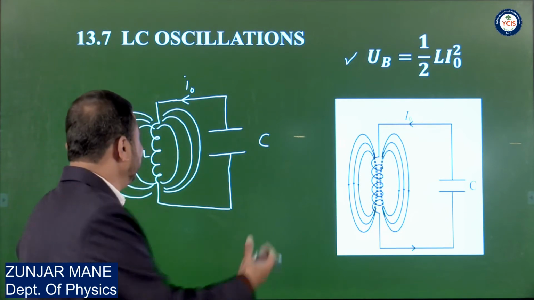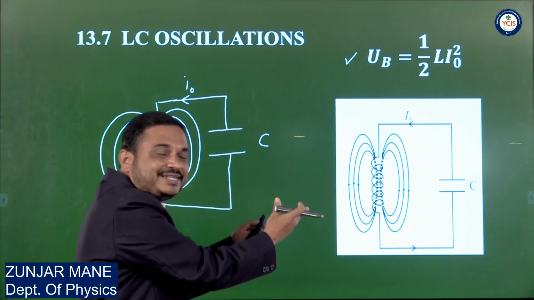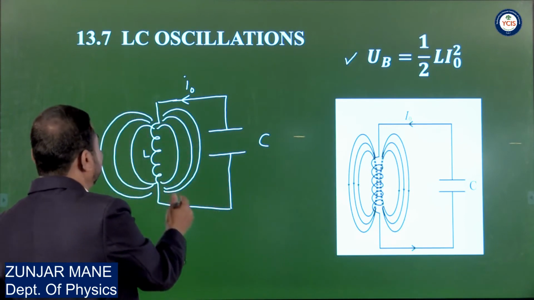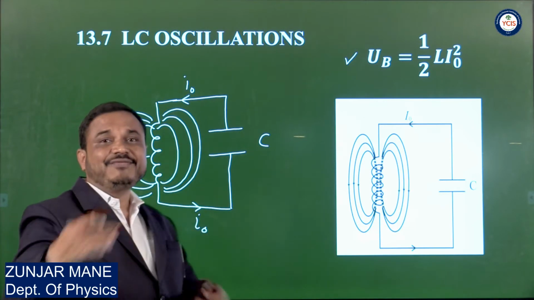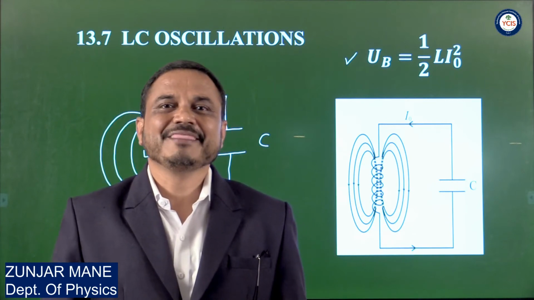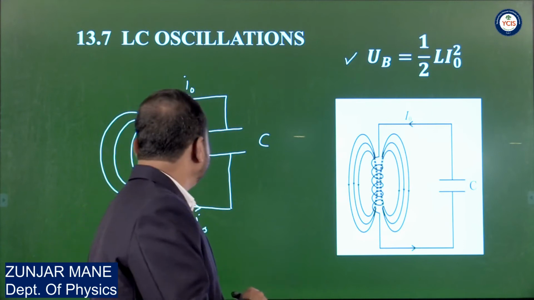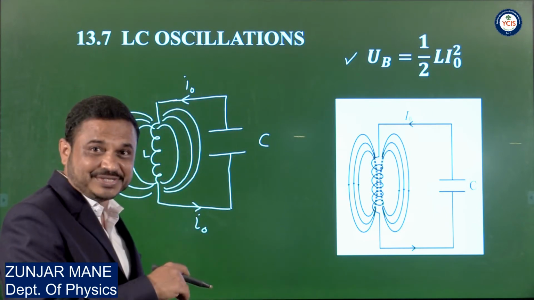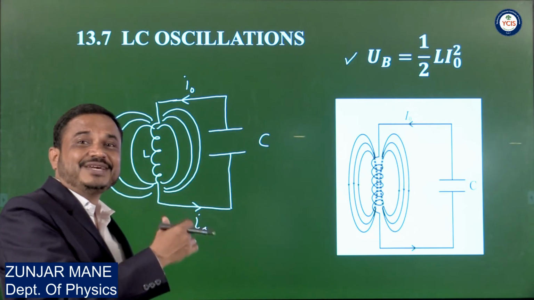Now the electrostatic field energy of the capacitor is completely transferred to the inductor. As magnetic flux changes, induced current or induced EMF is developed in the circuit, and it opposes the change in that flux.